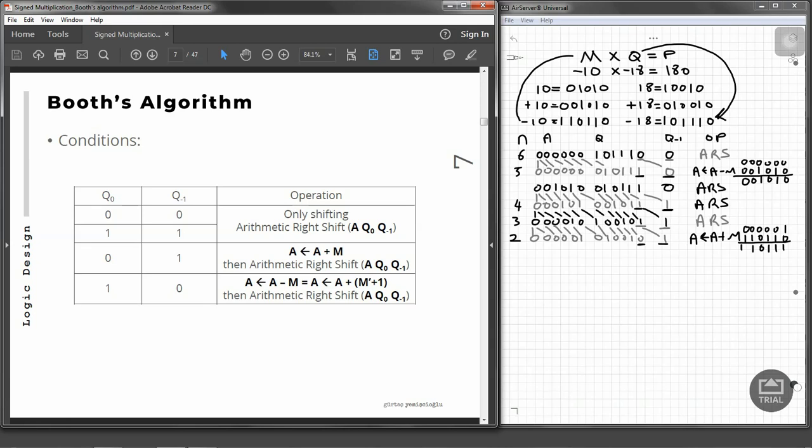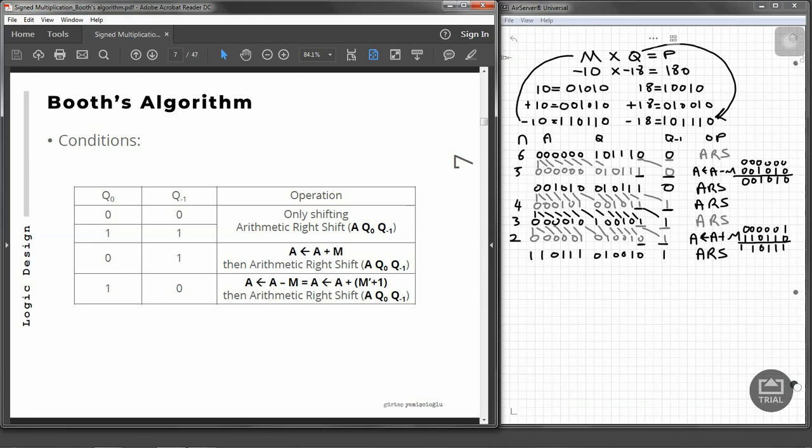Now we have got a new accumulator value, which is 1 1 1 0 1 1, and then Q is 0 1 0 0 1 0, and then we have got 1. And the next thing to do is to arithmetic right shift.